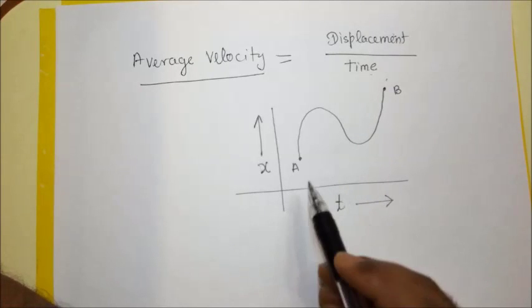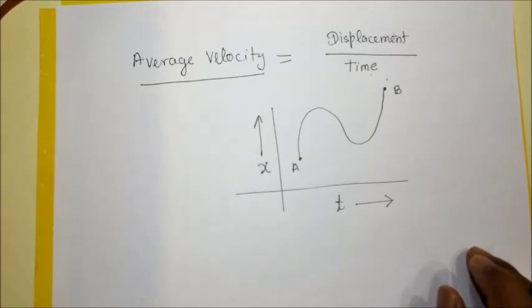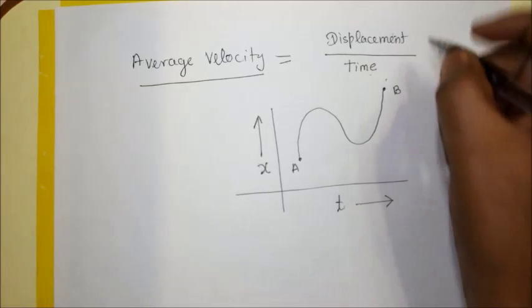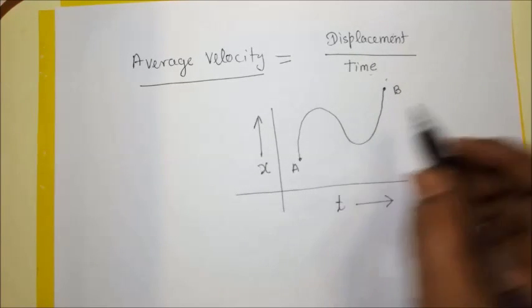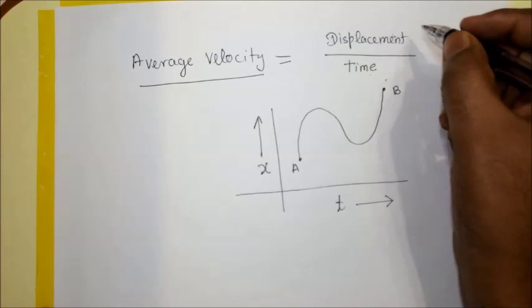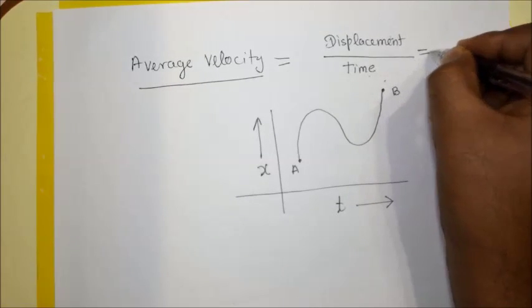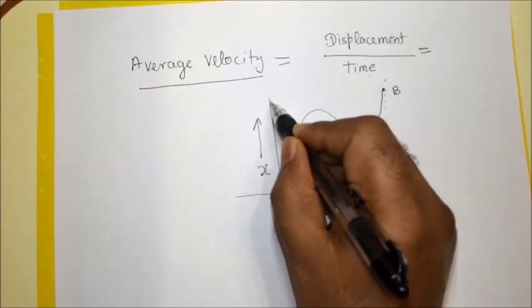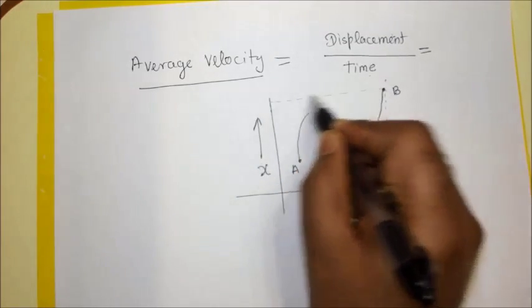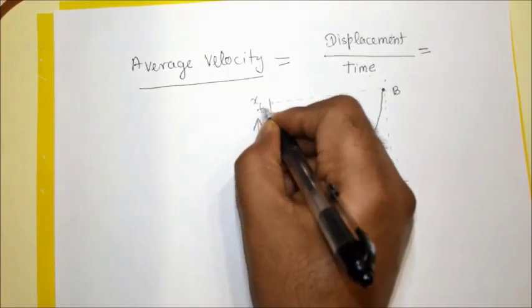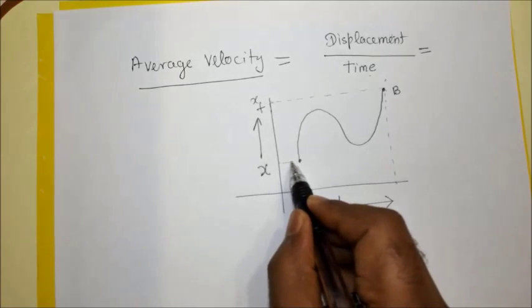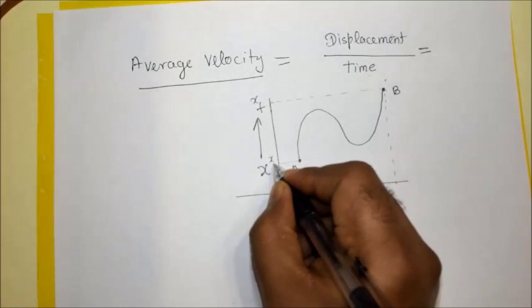So what is displacement? Displacement is final position minus initial position. This is the final position, x final. What is the initial position? x initial.